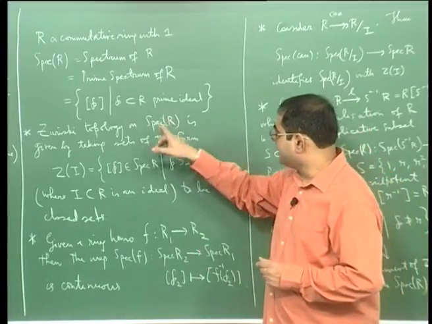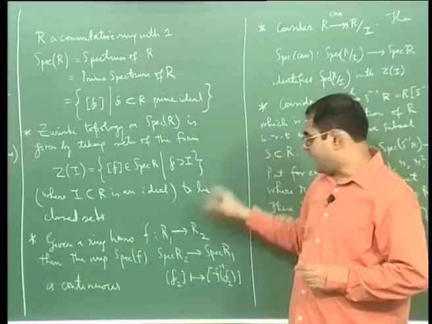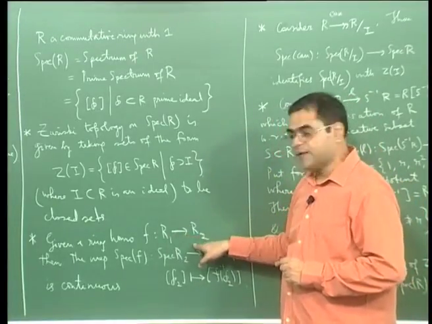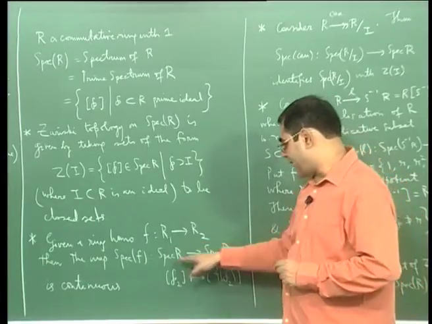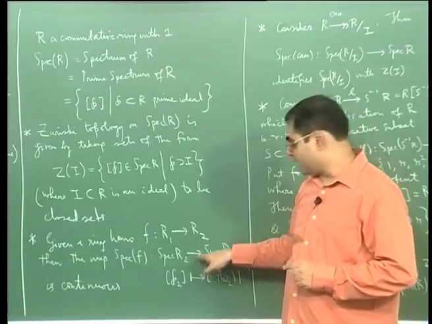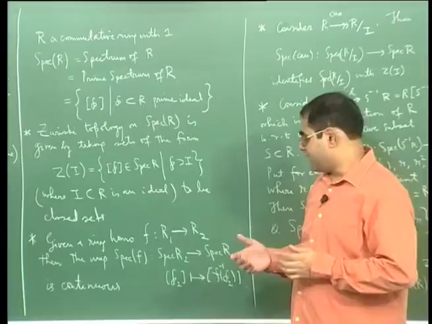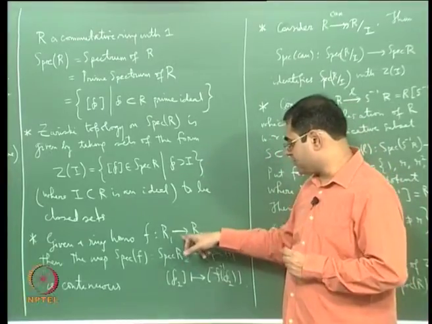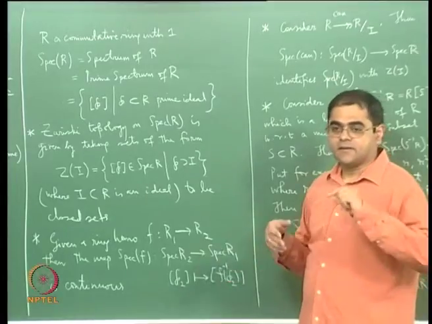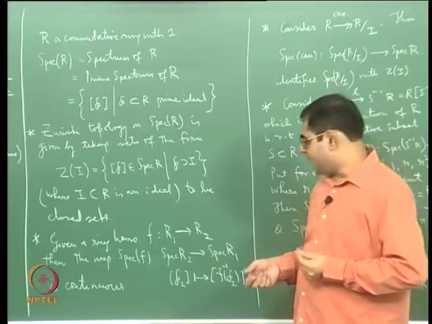Namely, it associates to every R a Spec R, which is a topological space, and to every ring homomorphism, it associates a continuous map in the reverse direction for the corresponding topological spaces given by these prime spectra. Okay, this reversal of the arrow when you apply Spec is what is meant by its contravariance. Okay, and it's a functor.